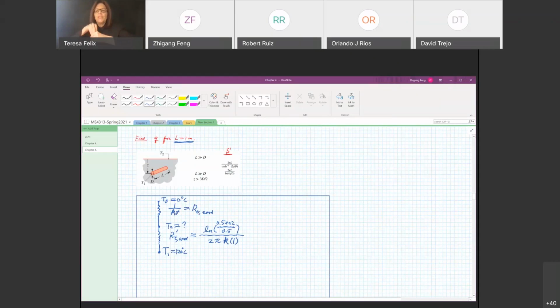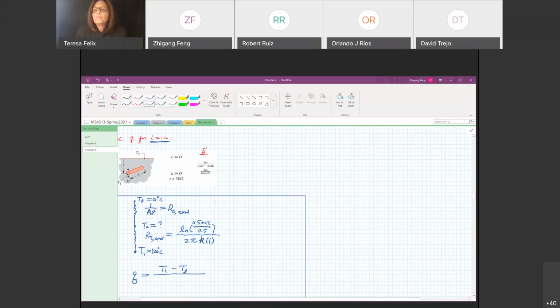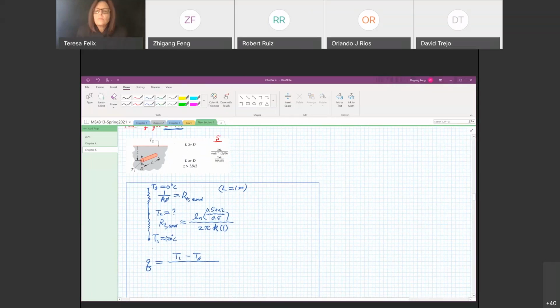So by looking at this circuit, in order to find the heat loss for 1 meter, we have to use T1 minus T sub S divided by the total resistance. So let's drop the Q prime. Let's just make sure L equal to 1. Okay. So this Q is for 1 meter length of pipe.